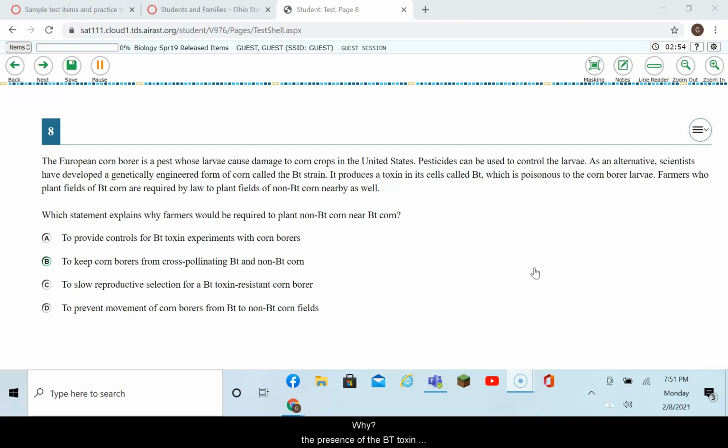Why? The presence of the Bt toxin would encourage natural selection for individuals that are resistant. In other words, we could have insects that would become resistant to the poisoning. Planting a field of non-Bt corn would help slow the process by ensuring that heterozygous individuals would remain in the population.